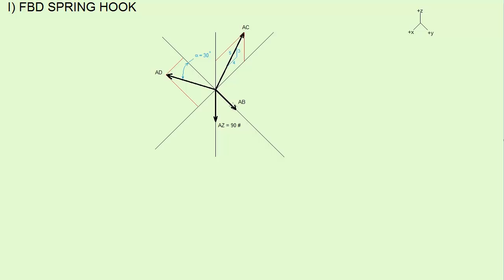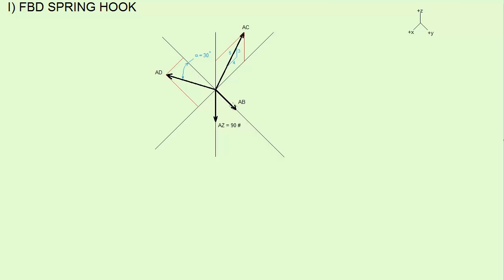Now let me just pause and say, earlier I said you need to have at least as many equations as you have unknowns. It is possible for us to end up with 3 equations and 3 unknowns in a 3-dimensional system and still be able to solve it. However, before you just sit down and say, okay, I'm going to start with the x direction or y direction or z direction, look at all 3 directions, because many times one of them will be of greater help, and that is definitely the case here.